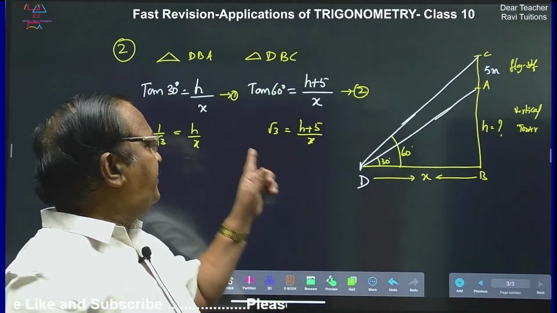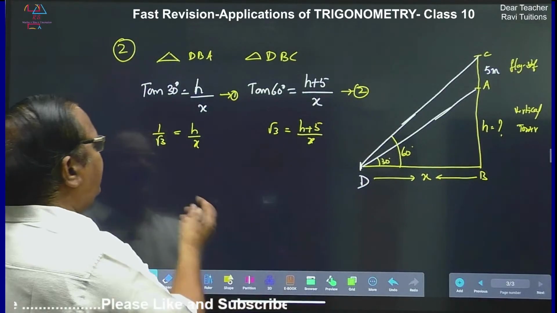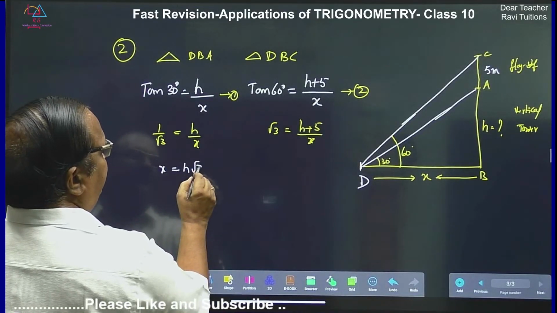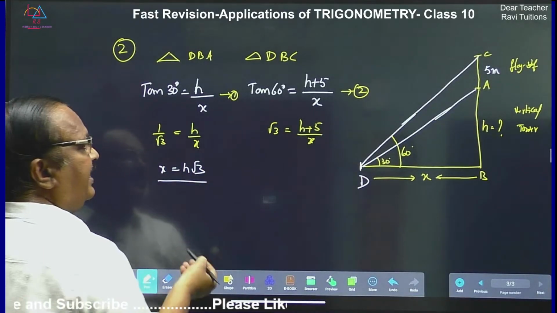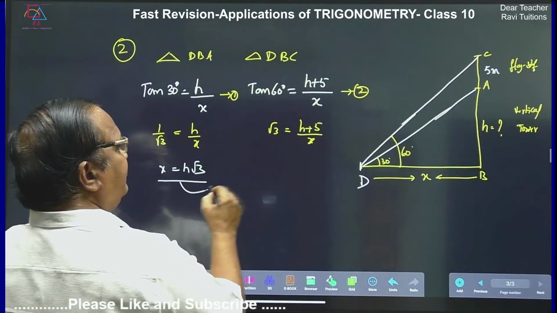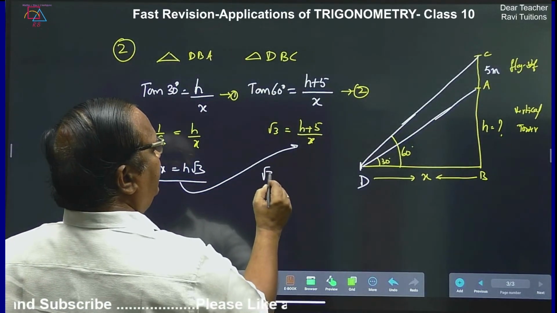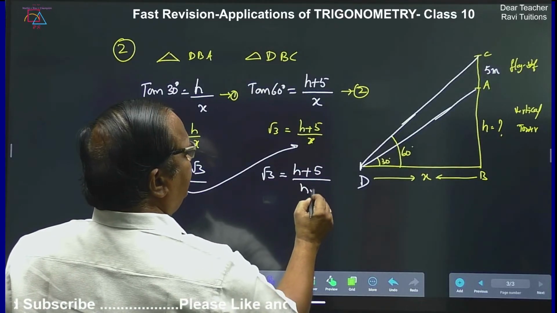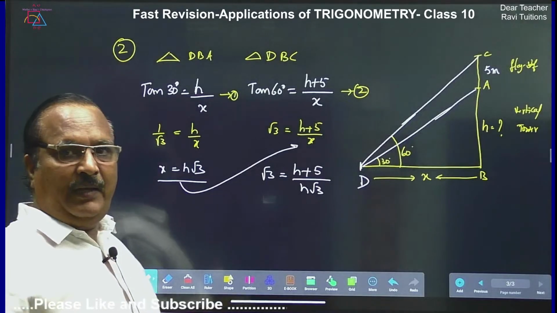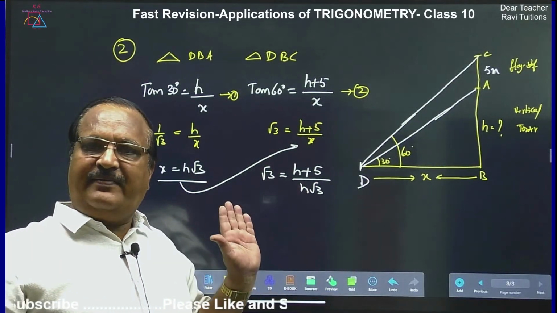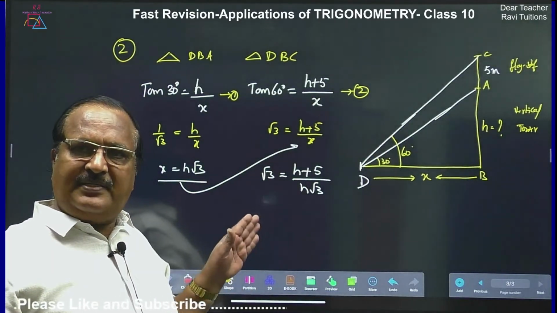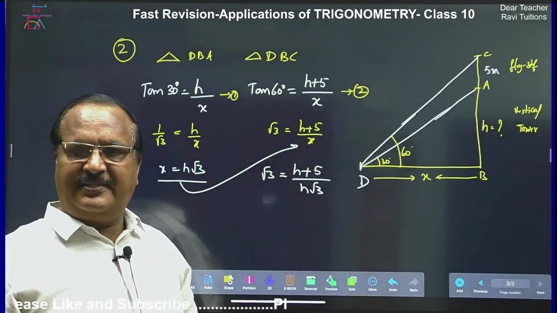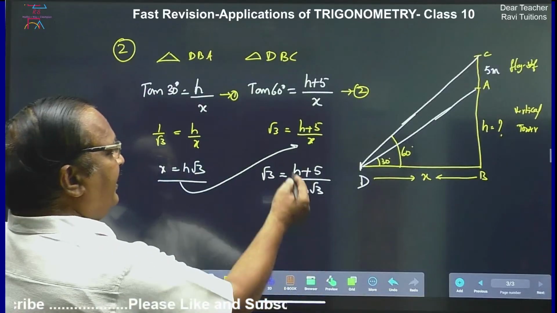So cross multiply, and x is equal to h root 3. Now we got the x value, and put this value here: root 3 is equal to h plus 5 by h root 3. Eliminating x means from one equation you find the value of x and that value you substitute in the other equation, that is elimination. Okay, so I have eliminated.